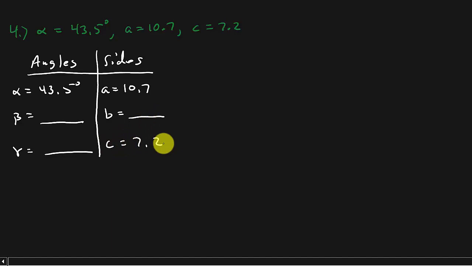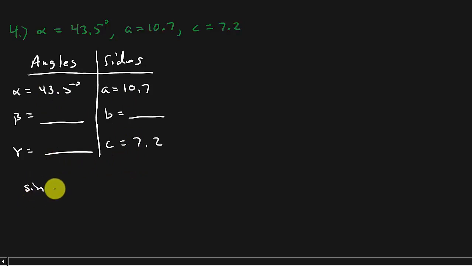All right, so how about this problem? Well, we got the table set up. I know alpha and A. I'll solve for gamma because I know C. I know alpha, A, and C, so I can solve for gamma.